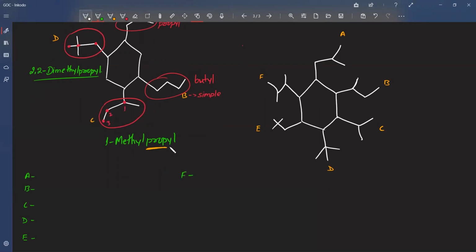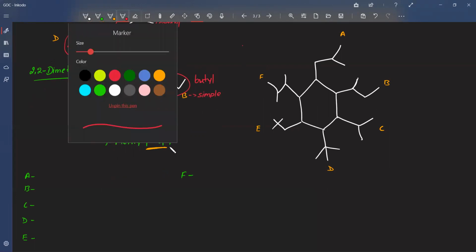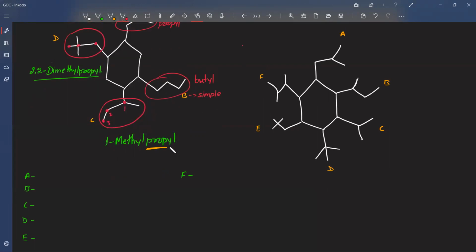A is 2-methyl propyl, correct? B is 2-methyl, no, one second. B is 1-methyl propyl. Correct.